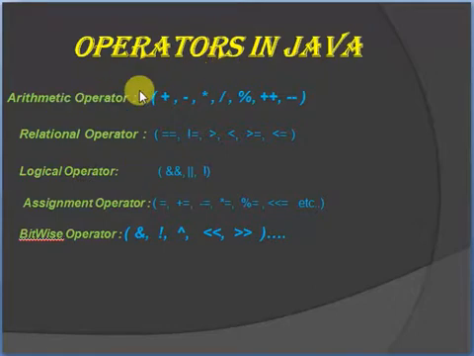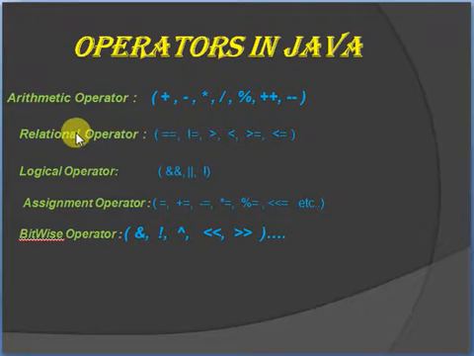The arithmetic operators are plus sign, minus sign, multiplication sign, division sign, modulus, increment and decrement. For increment, I'm going to show you the meaning and how to use this operator. The relational operator is used for equality.